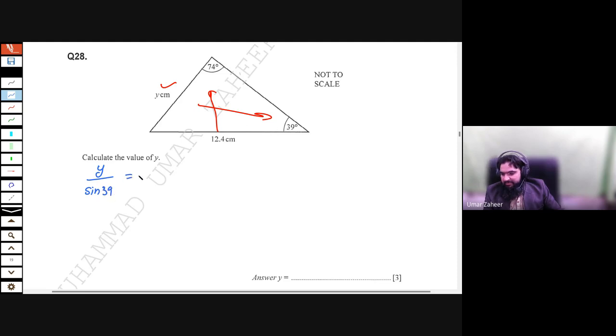Sine of 39 is equal to any other side. So this is the complete set of information given, side and angle. So 112.4 divided by sine of their opposite angle, that is 74. So sine 39 is dividing, on the other side it will be multiply. So sine 39.